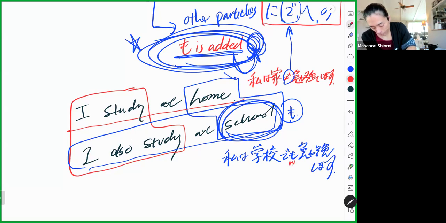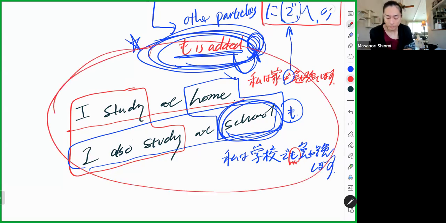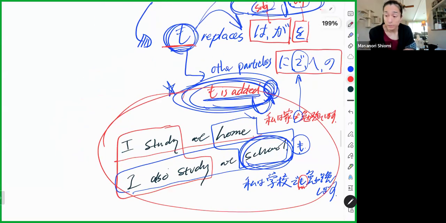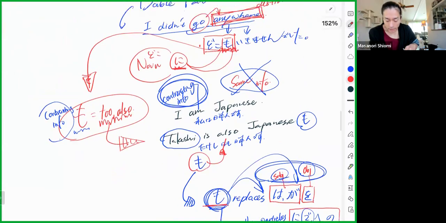Okay. Here, mo is always the second particle. Okay, I hope you remember this. This is just a review, right? I mean, it was a while ago, so it's totally natural if you forgot. Okay, same thing here.